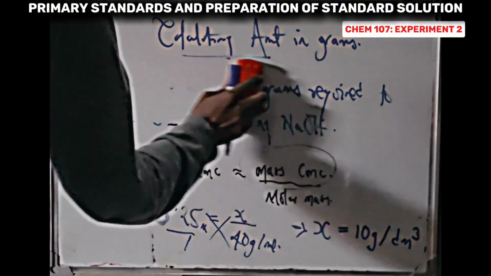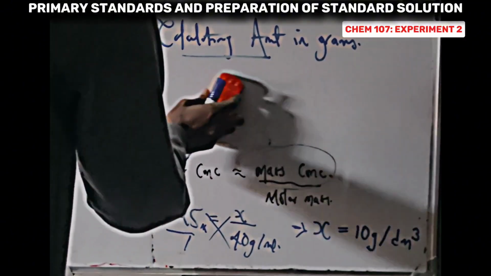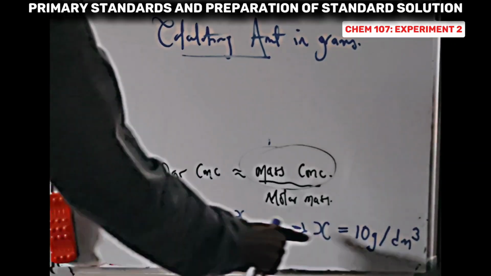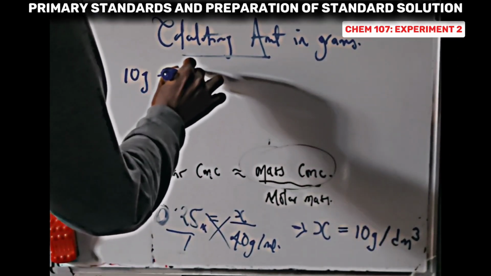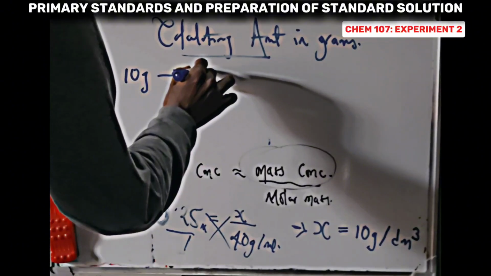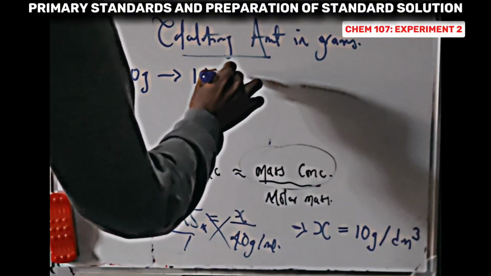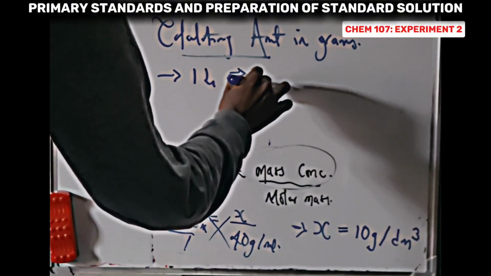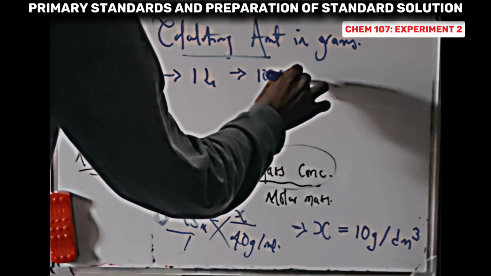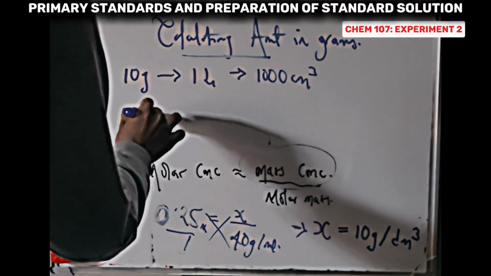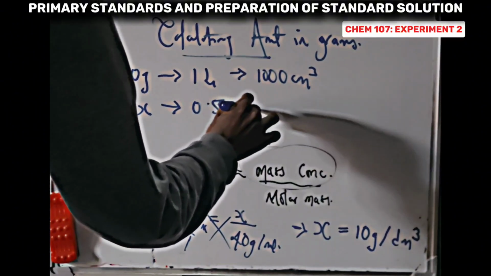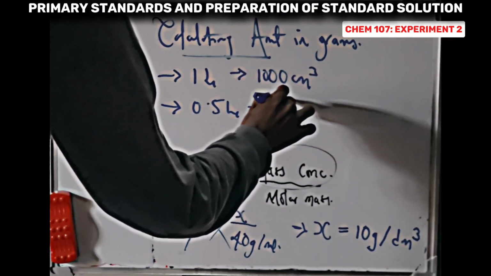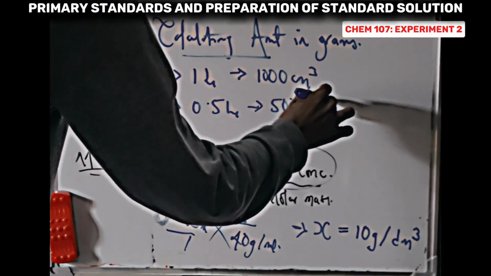So I'm going to wipe this off just to continue. Since we have 10 gram in 1 dm cube, which is 1 liter, which is also 1000 cm cube, how much will be in 0.5 liters, which is 500 cm cube?